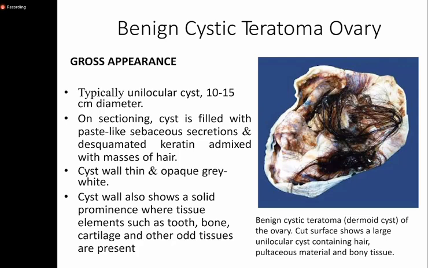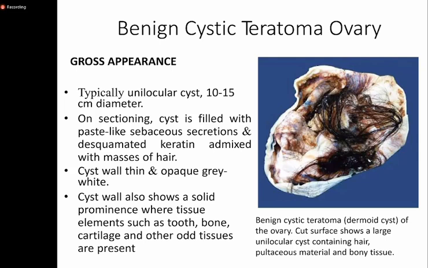The cyst wall is thin, as in this case, and a sort of opaque pearly gray color. The cyst wall may also show solid prominences where tissues like teeth and bone and cartilage are present.